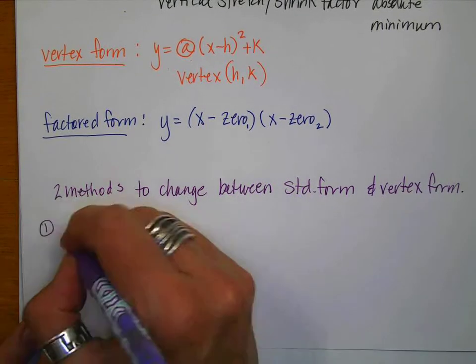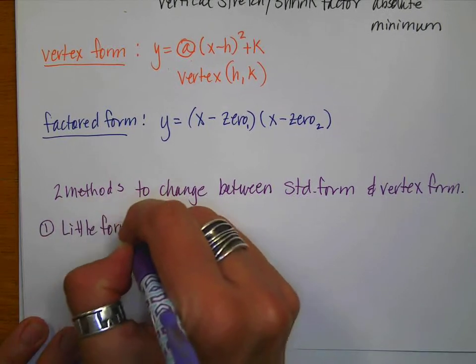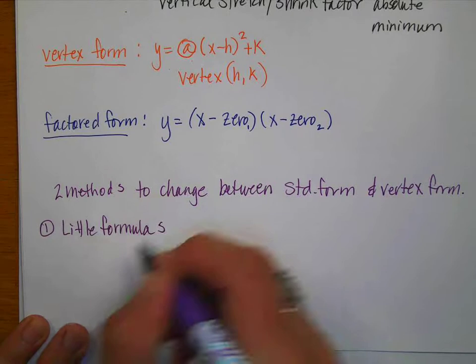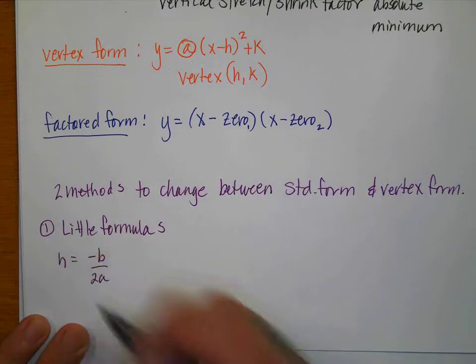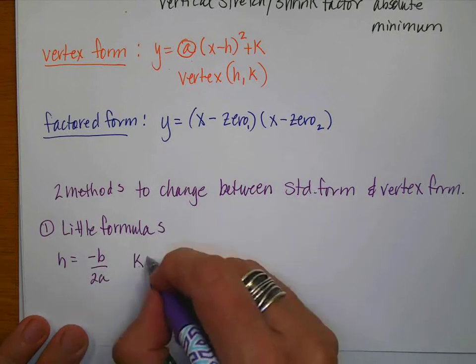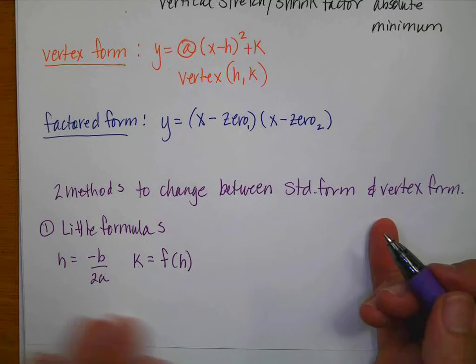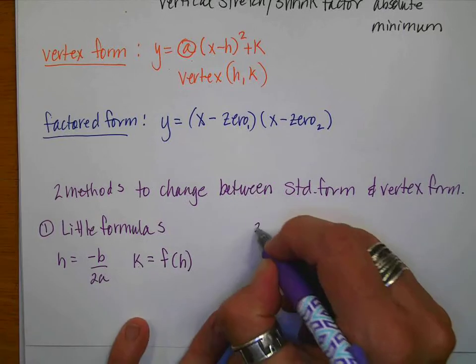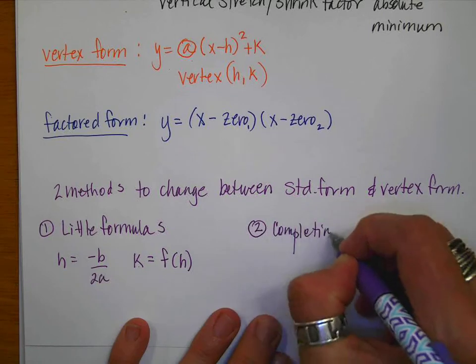All right, so there's two methods to change. The first method, this is not very technical, but I call it the little formulas. That says h is equal to negative b over 2a, and k, from our vertex, is equal to the function evaluated at h. The second method is completing the square.